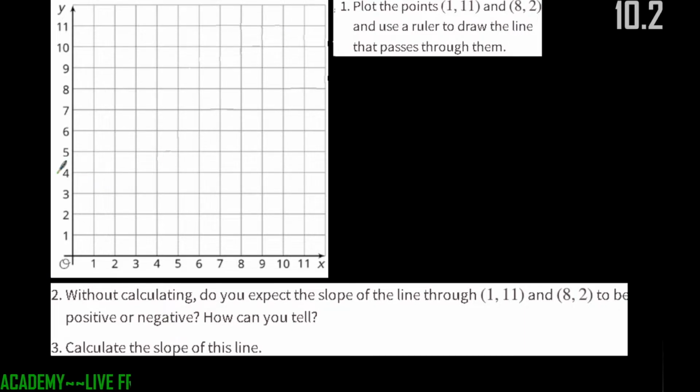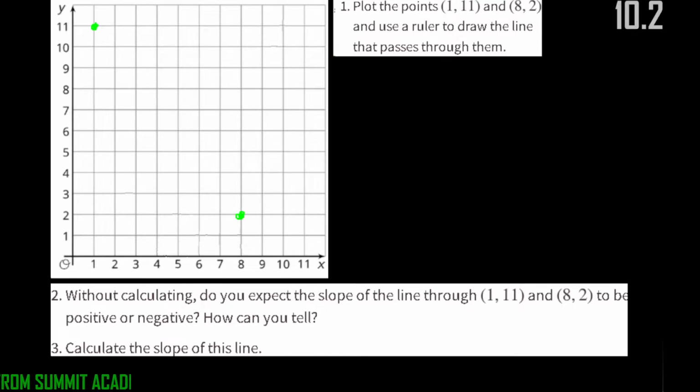For (1, 11), I have 1 step to the right, 11 steps up. And for (8, 2), I have 8 steps to the right and 2 steps up. So now that I have those 2 points, I can draw a line through.